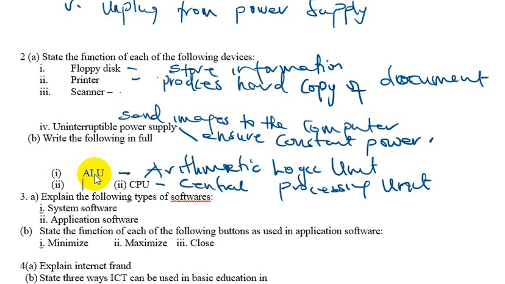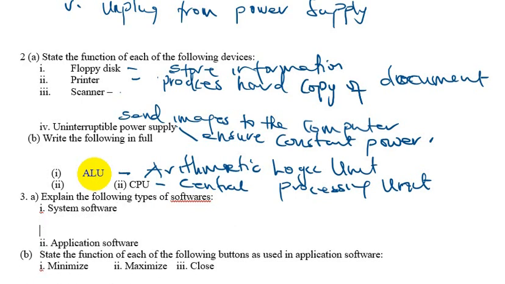Now let's move to question 3. It says that we should explain the following software. We have system software, we also have application software. Now let's come to system software. Now these are softwares that enable the computer to perform a special task.